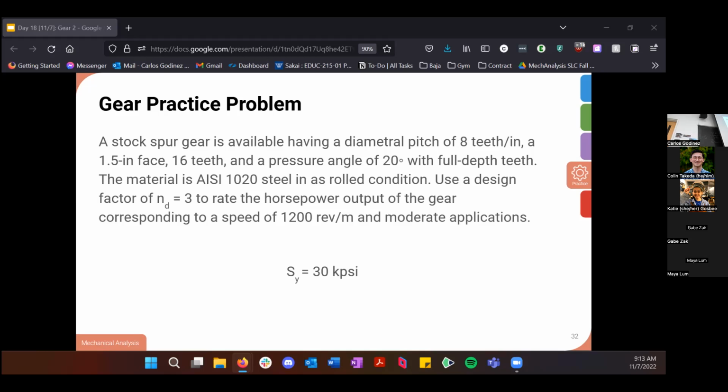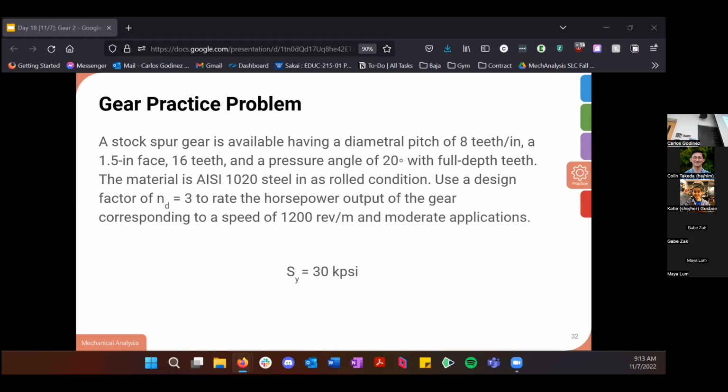Sorry. So this really is confusing. I would recommend pulling up the last slides as well. Diametral pitch. So the diametral pitch is how many teeth you have per inch, along here, right?